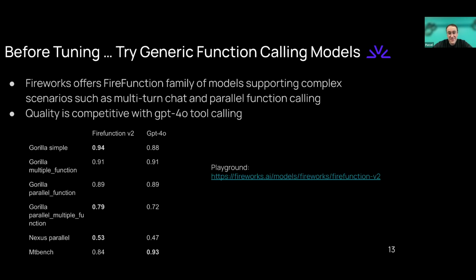Nexus Raven is also a very good model. It includes some samples with deeply nested, pretty complex parameters. To some extent, at least if you look at the benchmarks, the Nexus benchmarks are more challenging than the Gorilla leaderboard benchmarks.